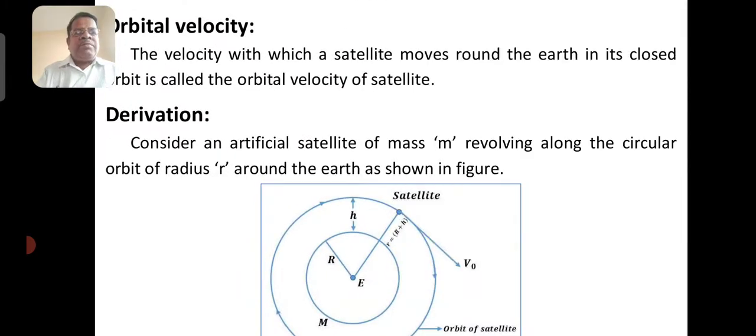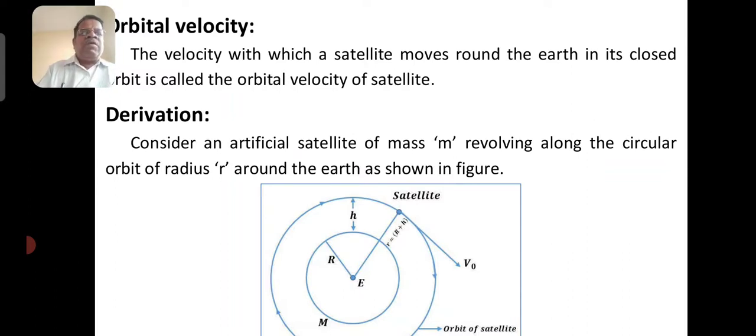Go through the diagram. R indicates radius of the Earth, E indicates the center of the Earth, capital M indicates mass of the Earth, H indicates height of the satellite above the surface of the Earth, small r equals to capital R plus H, that is the radius of the orbit of the satellite.